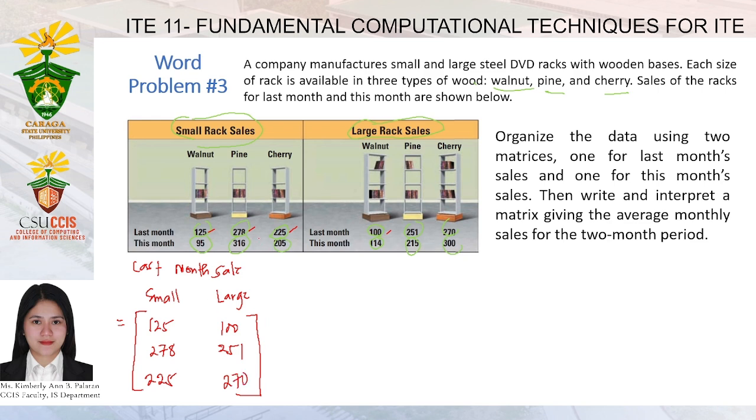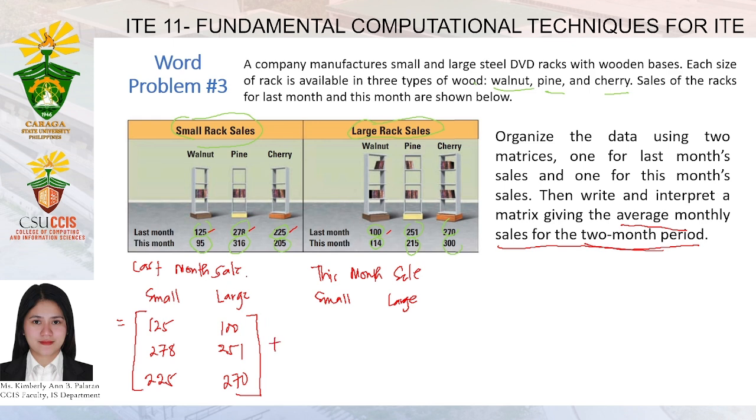Okay, for this month's sale, for small and large, okay, notice the question. Then write and interpret a matrix giving the average monthly sales for the 2-month period. So, technically, we will add this one.